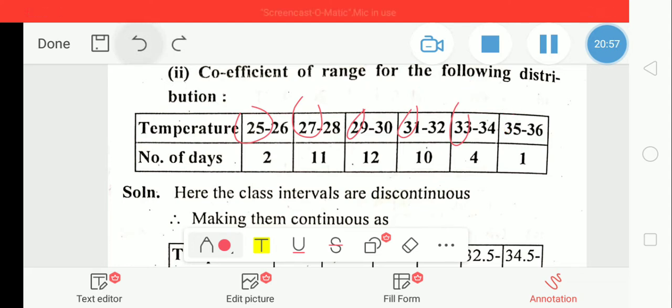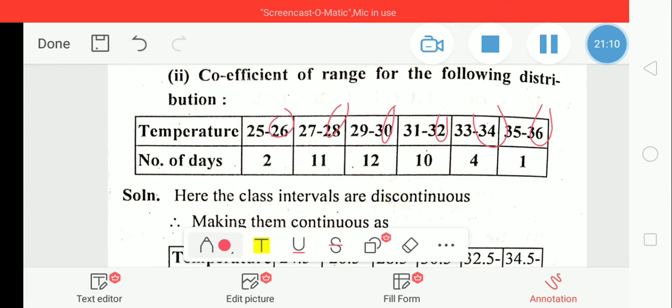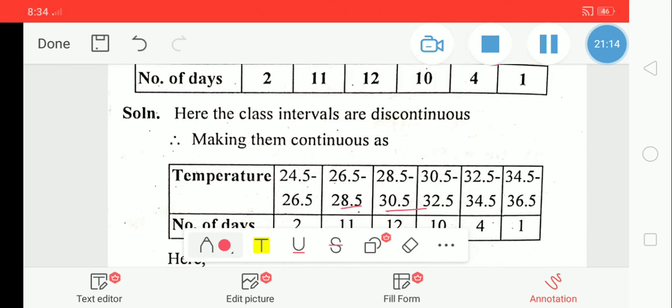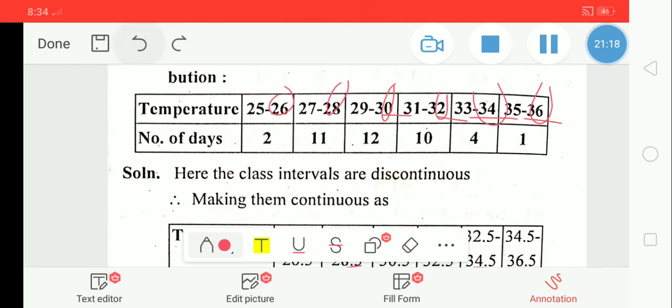In the second part we add 0.5, so 26.5, 28.5, 30.5, 32.5, 34.5 and 36.5. Here we add and subtract 0.5.